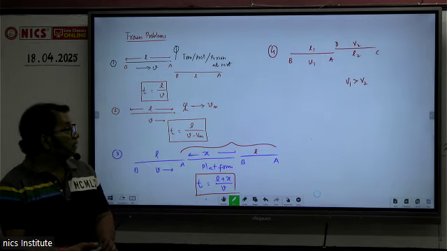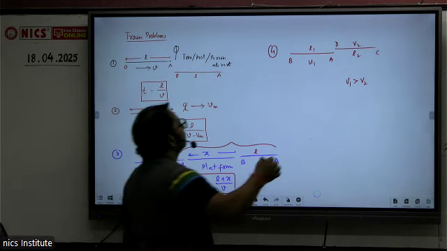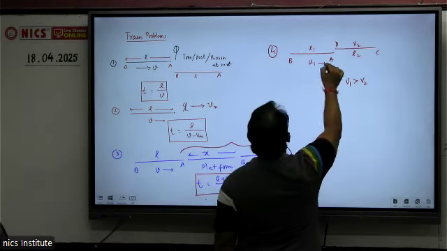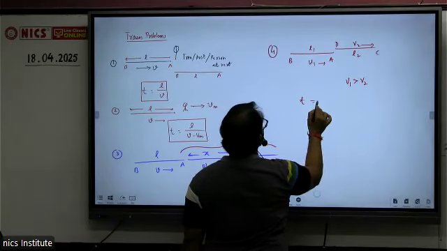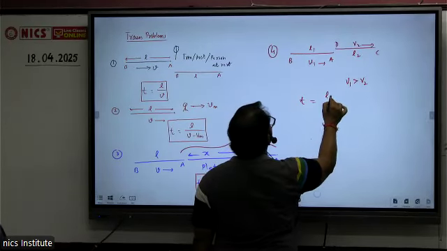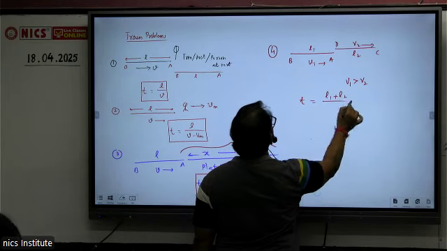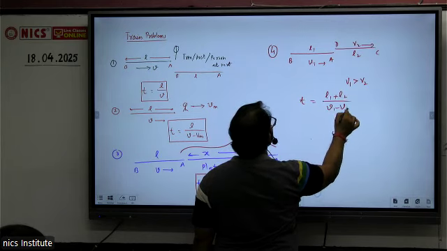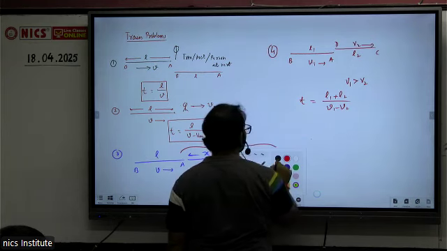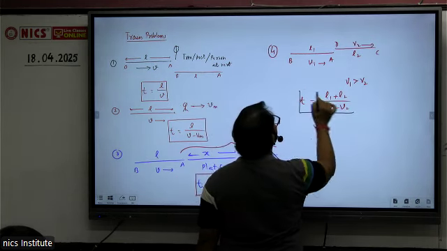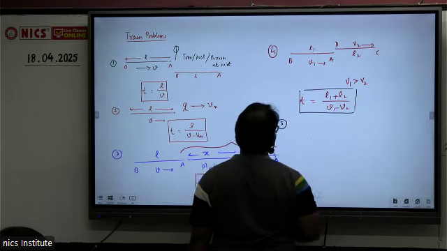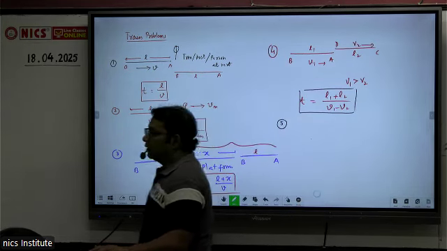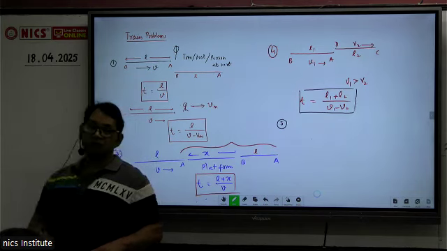They're traveling in the same direction. In the same direction, relative velocity is always obtained by subtracting. The total distance would be L1 plus L2, and the speed would be V1 minus V2. In the same direction, velocities are subtracted.